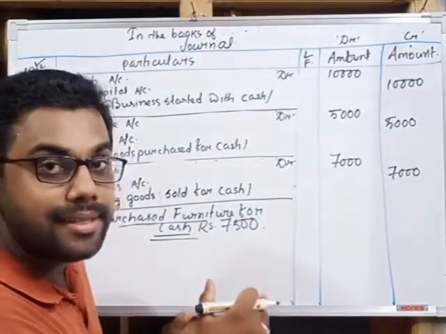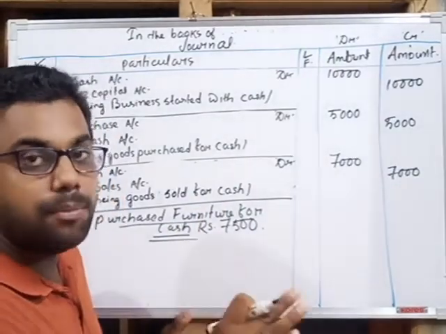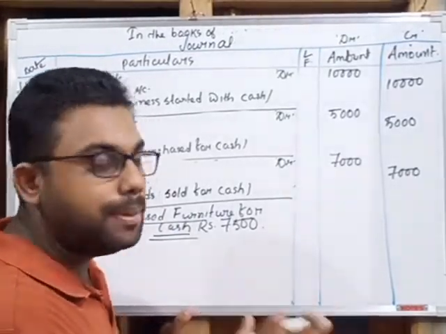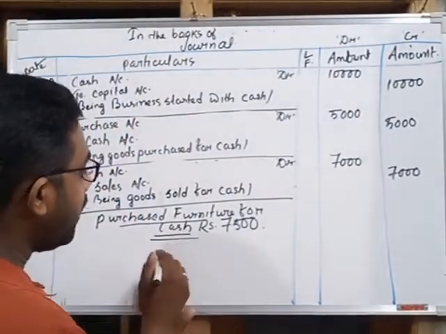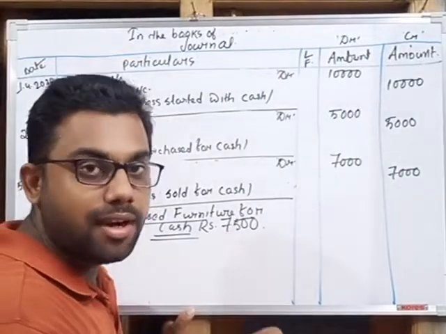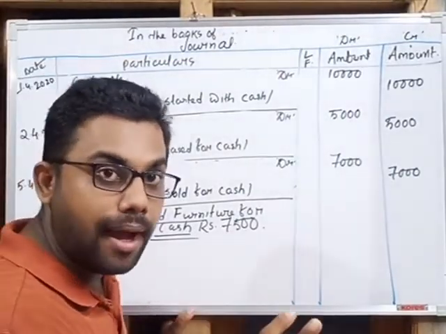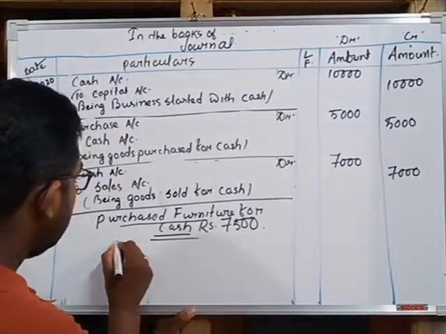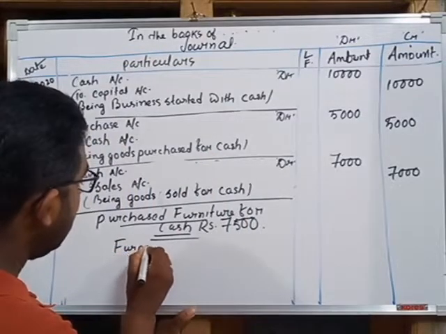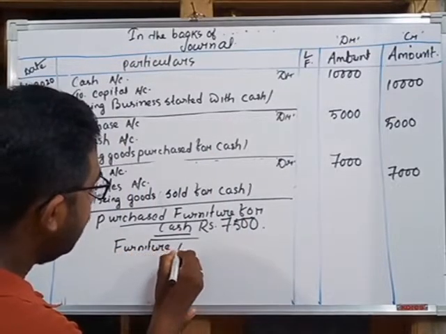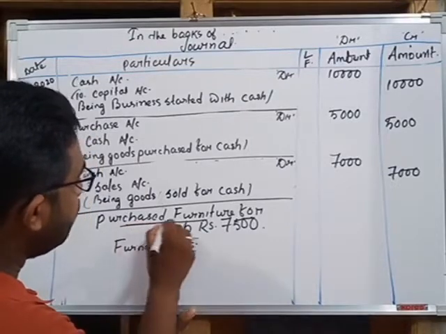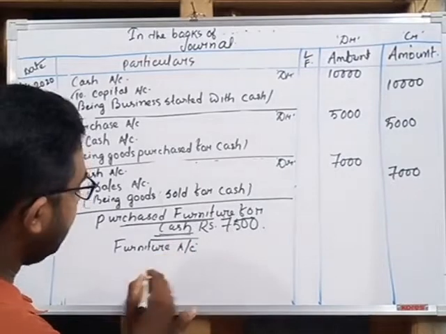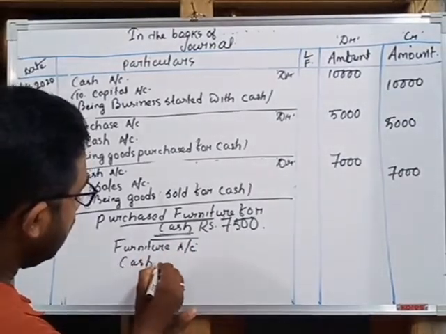But in that case the business purchased an asset, because furniture is purchased for use in the business. So furniture is our asset. So whenever the business purchases furniture, the account affected by the transaction is the asset account, the furniture account, because the business purchased an asset and the name of the asset is furniture. And how did they purchase it? They purchased by cash. So another will be the cash account.